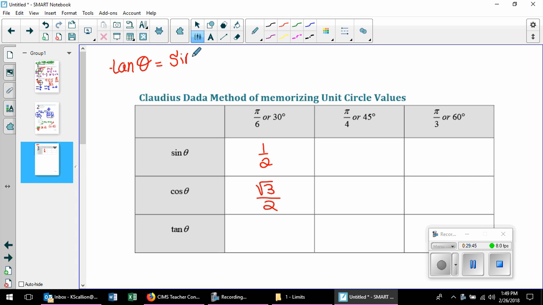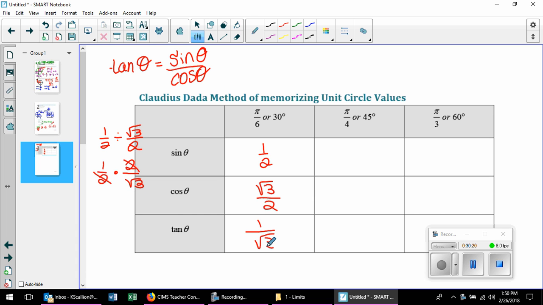So if you do this math, probably not in your head, but if you say 1/2 divided by root 3 over 2, what do you get? 1/2 times 2 over root 3. I'm going to expect that you guys know these. Remember.